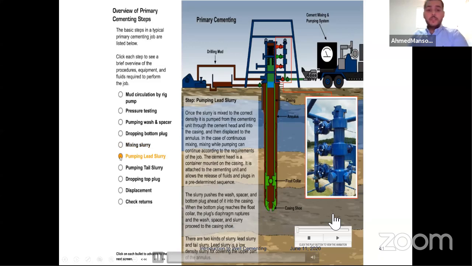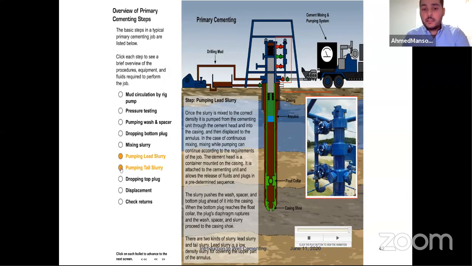So we pump the lead slurry. As I mentioned, we have two types of cement, lead and tail. The lead has lower density compared with the tail. The lead is going to cover the upper part of the well, and the tail is going to cover the bottom part of the well. This is the lead. After we finish mixing the lead, we move on to the tail.